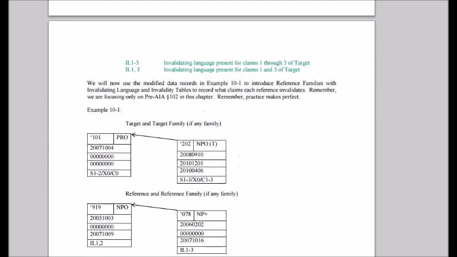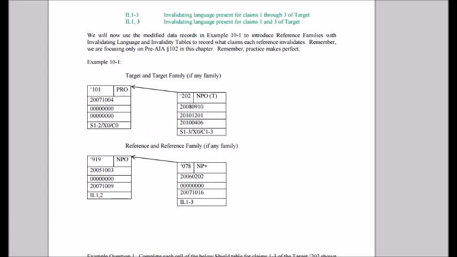And all of this creates metadata that can be used to provide information quickly to the reader so they can make quick decisions about search dates, whether a reference is early enough in time to invalidate a claim. As we know, each claim in a patent can have a different search date depending on if there's an earlier filed family member, and for example, its day of invention might be different than another claim.